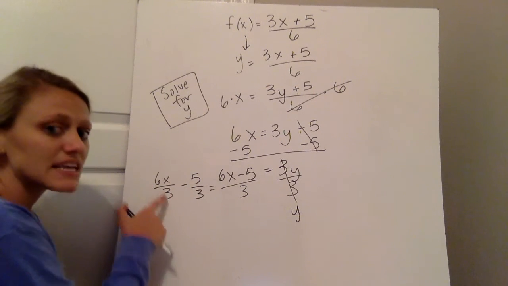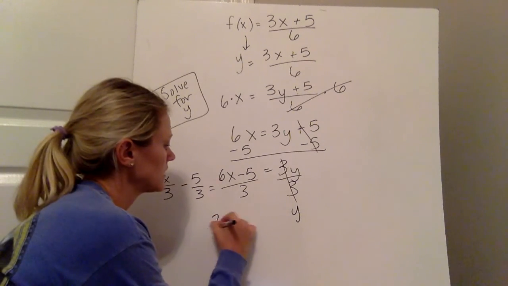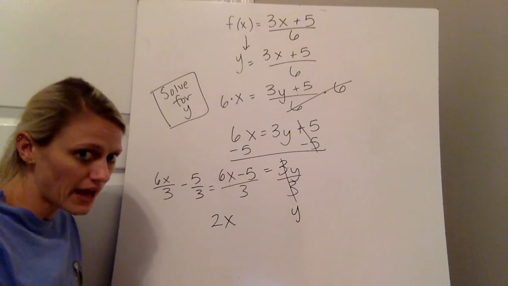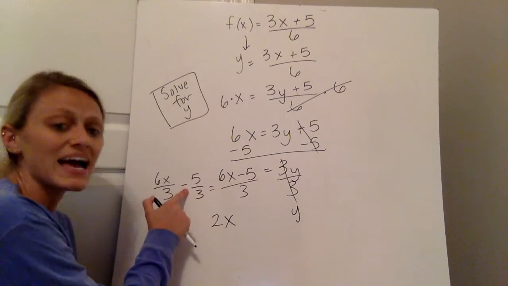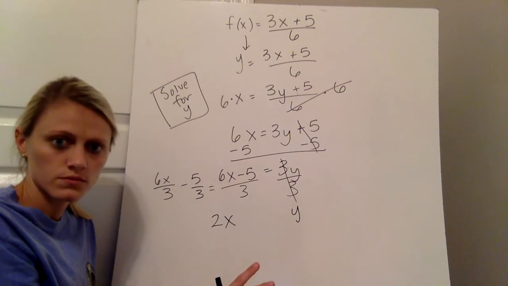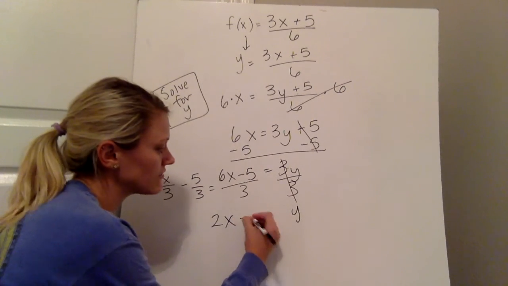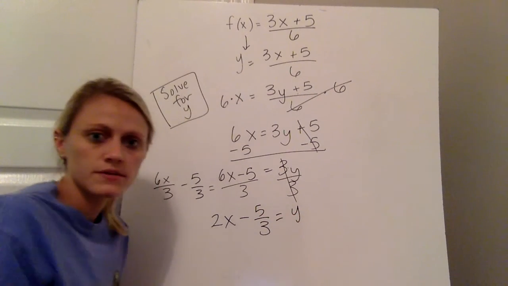Now I know 6 is divisible by 3. 6 divided by 3 is 2, which leaves me with 2x. I can't simplify 5/3. That's as simple as it'll go, so I'll just leave that as negative 5/3.